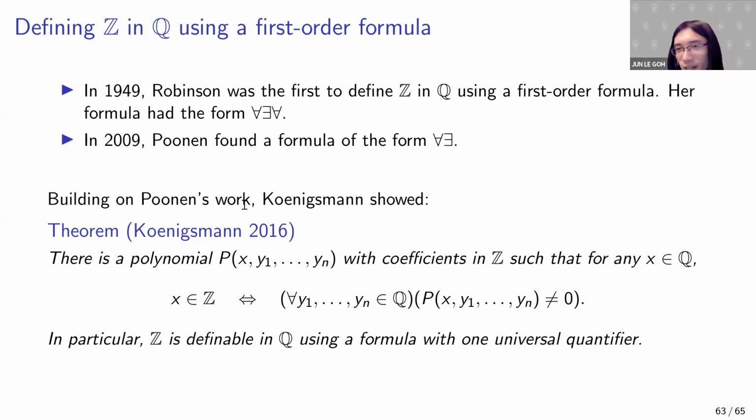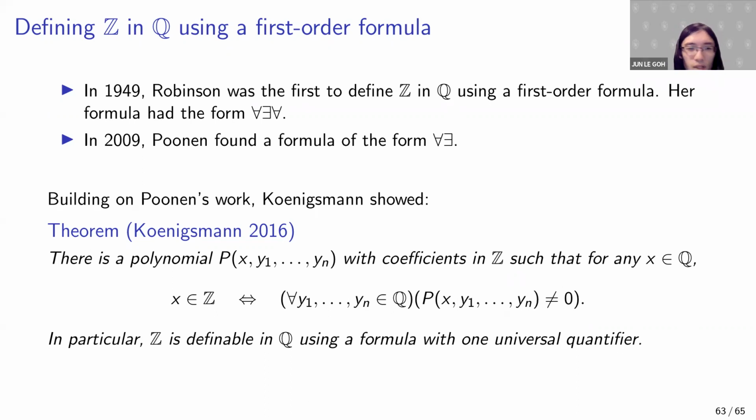This was a paper in the Annals, by the way. There is a polynomial P with integer coefficients, such that for any x in the rational numbers, x is an integer if and only if for every rational numbers y1 to yn, P of x, y1 to yn is not 0.